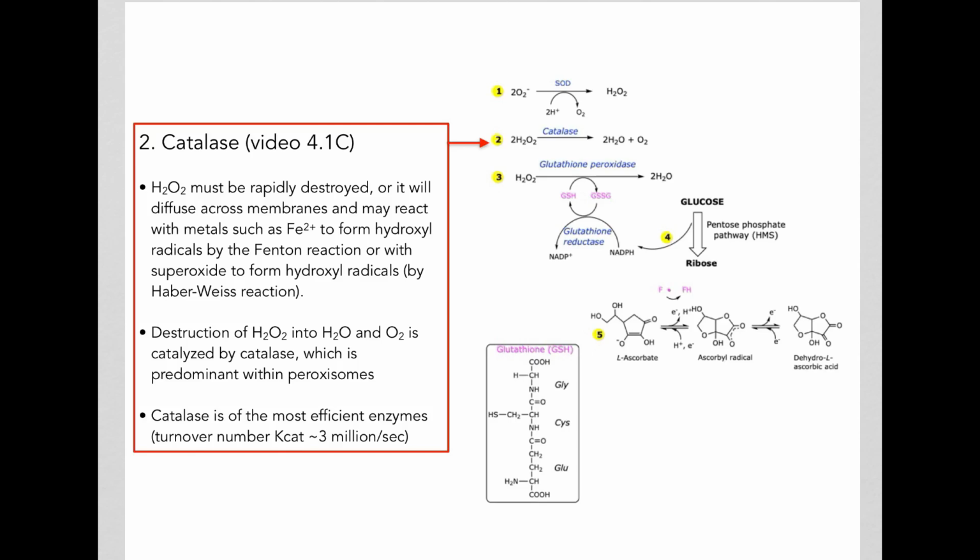So for this we have another enzyme called catalase. Catalase destroys hydrogen peroxide into water and oxygen.